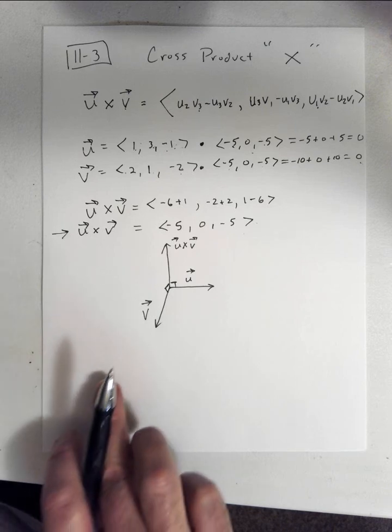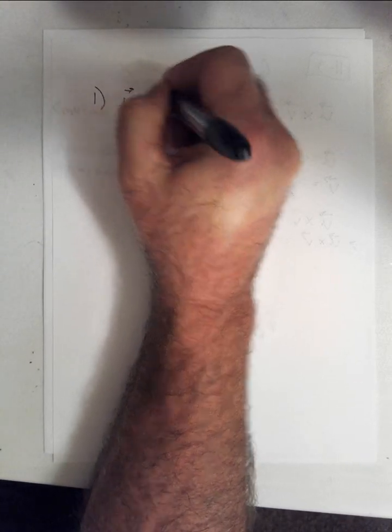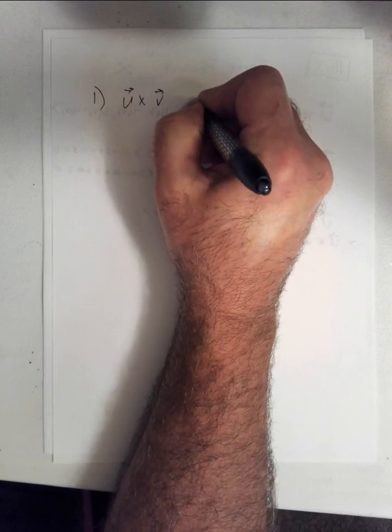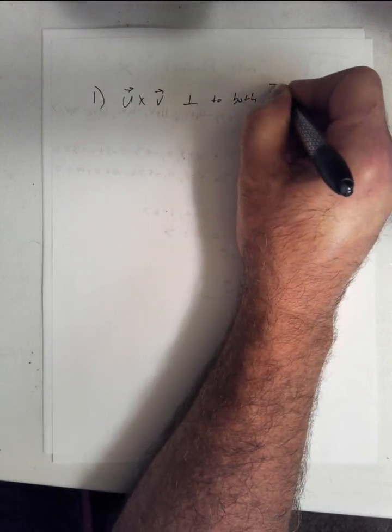Okay, there are some geometric properties here, which you'll see when you do your book notes. The first one, obviously, is that the cross product is orthogonal to both. So u cross v is perpendicular to both u and v.